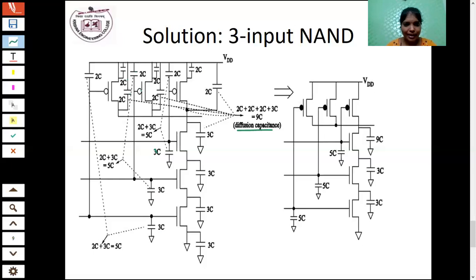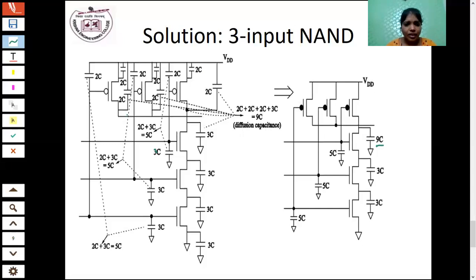In the PMOS transistors, these capacitances are connected in parallel, just add the values. So 2C, 2C, 2C means you will get 6C, plus you are going to add this 3C also. That 3C is of the NMOS transistor. So totally you will get diffusion capacitance of 9C. Instead of mentioning everything, you can mention the diffusion capacitance. So diffusion capacitance is totally 9C.